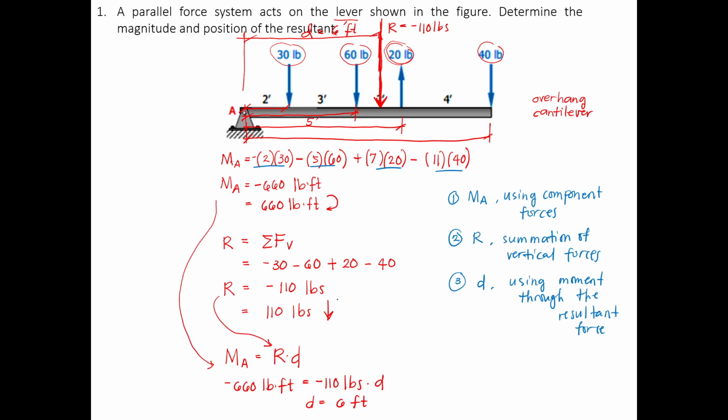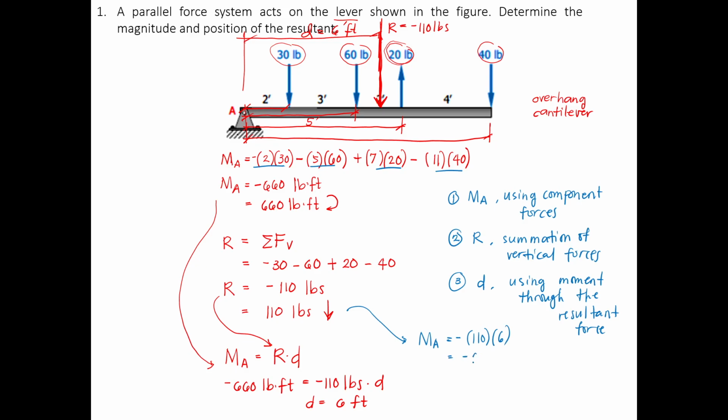So if you want to get the moment about A using the resultant force, you can verify it: the resultant force, 110, times the distance 6.